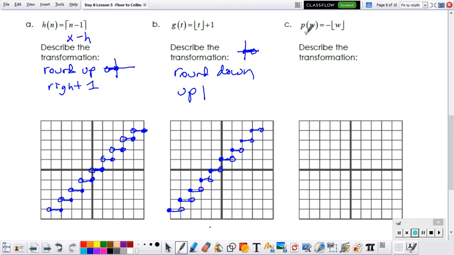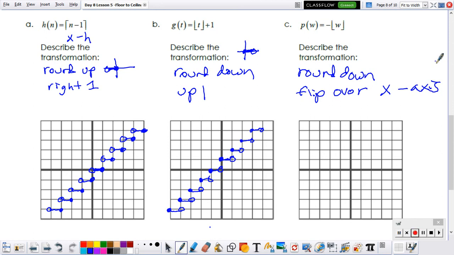Okay. So then we look at letter C. Letter C is also a round down function, but because it's got that negative out front, it's going to flip over the x-axis. This is going to require a little more planning.